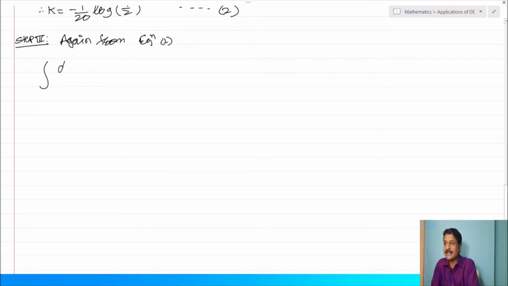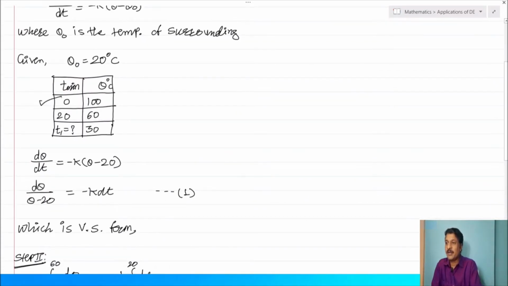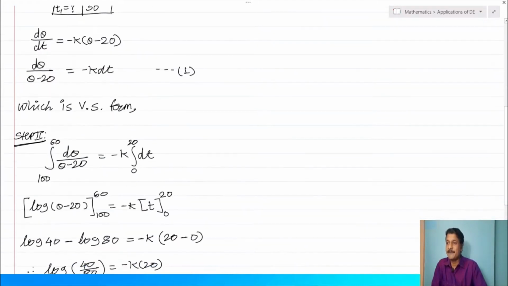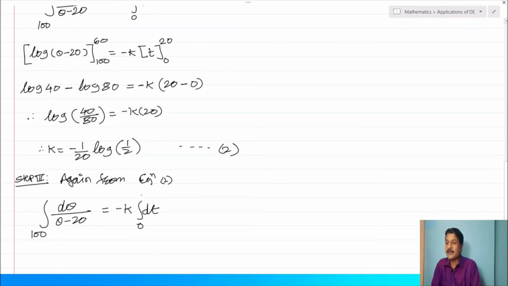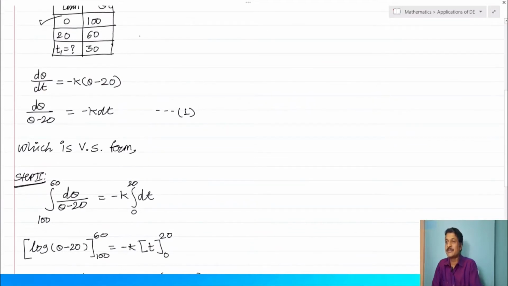So integrate it: d theta upon theta minus 20 equal to minus k integration of dt. Note that when t equal to 0, the corresponding value of theta is 100, and when t equal to t1, where I am taking an unknown value, what is the corresponding value of theta?